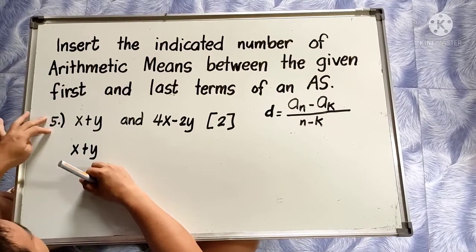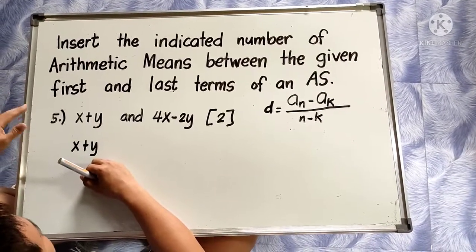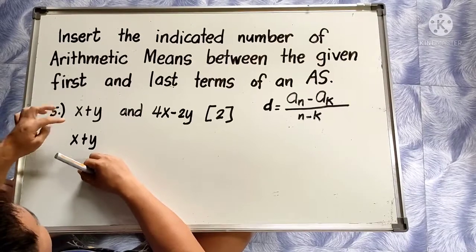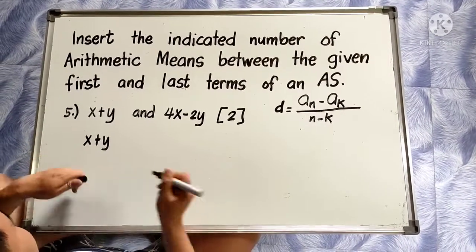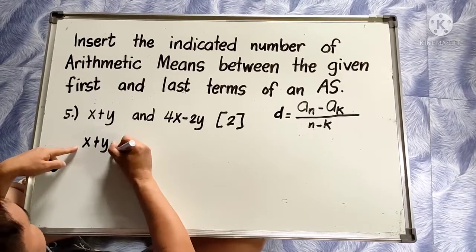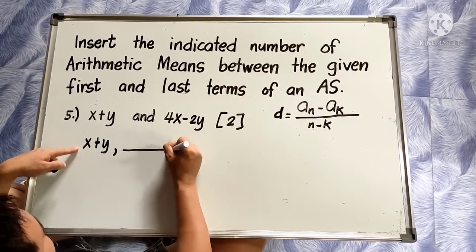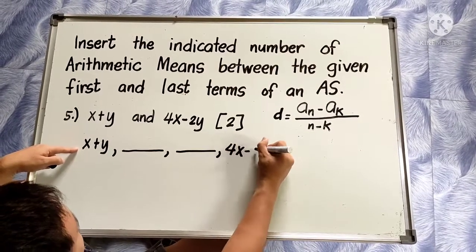Now let's have the fifth example, and I guess this is the most difficult example of the lesson. You have x plus y and 4x minus 2y, we're going to insert 2. So you start with x plus y as our first term. You'll make 2 blanks. And then for 4x minus 2y.